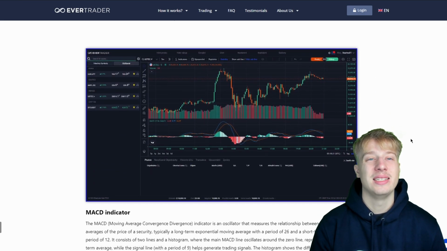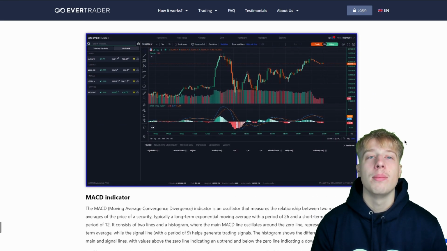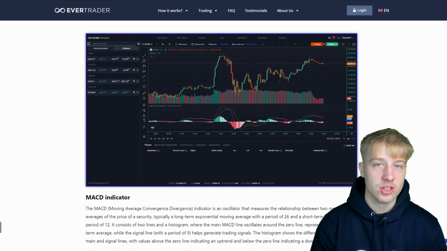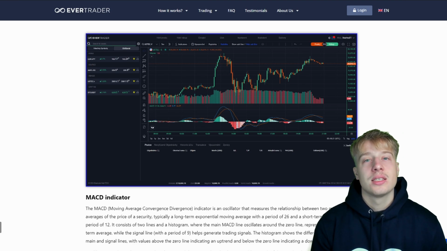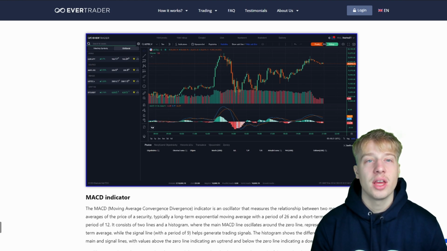Next up, we have the MACD indicator, or the Moving Average Convergence Divergence indicator. It is an oscillator that measures the relationship between 2 moving averages of the price of a security. Typically a long-term exponential moving average with a period of 26 and a short-term one with a period of 12.